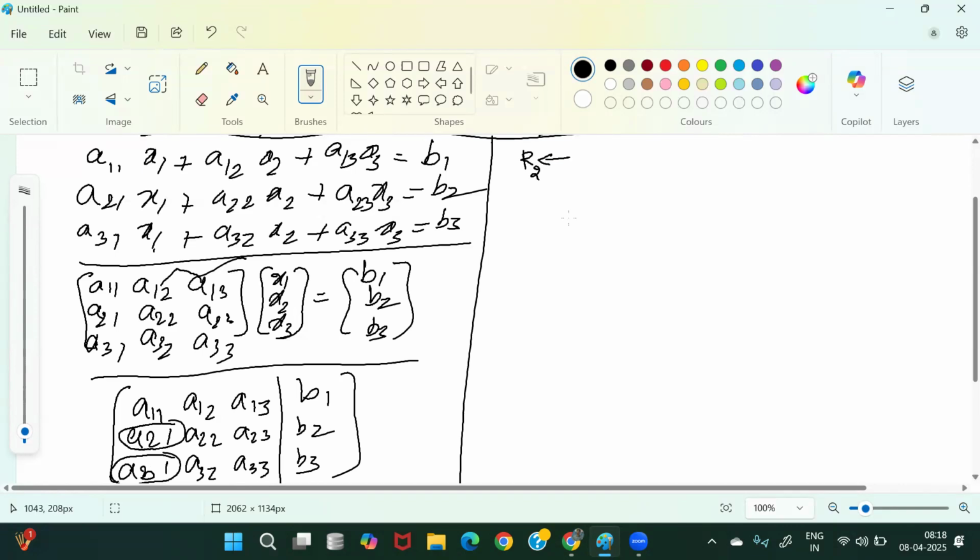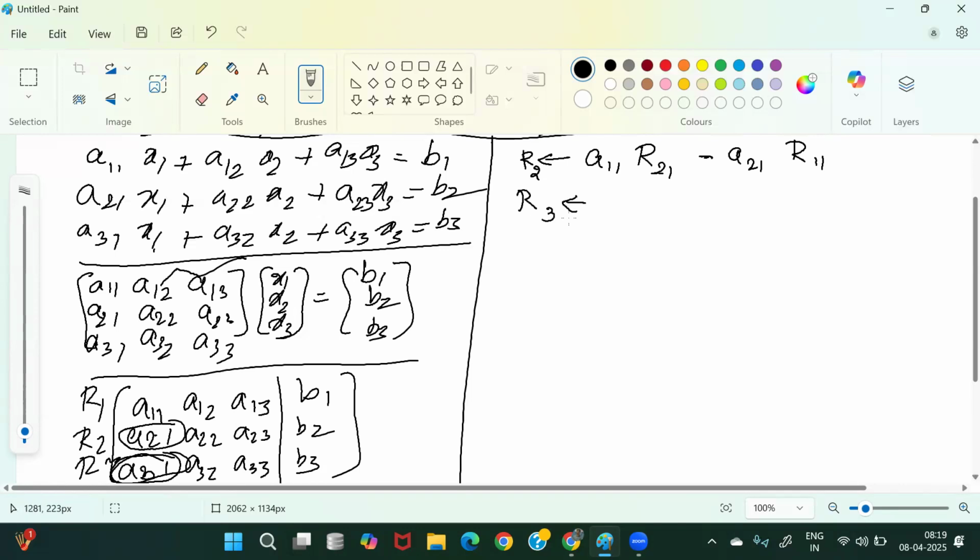Replace R2: multiply every element in R2 with a11, and multiply every element in row 1 with a21, and subtract. This makes the first element 0. So making a31 0, how do you make it?